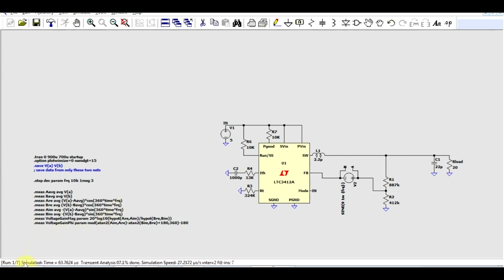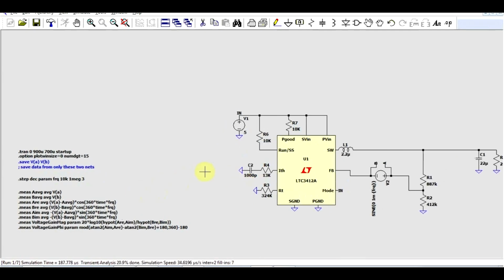Now the simulation takes quite a lot of time, and I started it up so that I can explain some things in the meantime. So how does this work? Well, we're performing a transient simulation, of course, and we're performing multiple runs of the transient simulation.